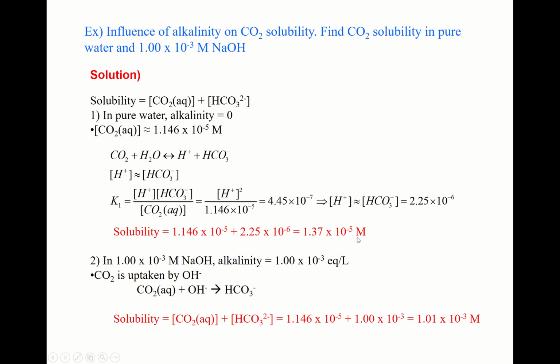But what about the CO2 solubility in 10 to the minus 3 molar NaOH? The pH is 11, right? And what is the alkalinity here? Hydroxide ion is the major species, so alkalinity depends on the hydroxide ion, which is 10 to the minus 3 equivalents per liter.